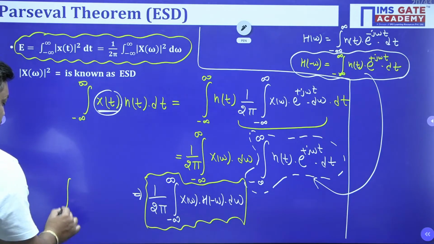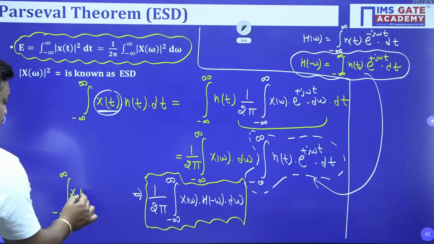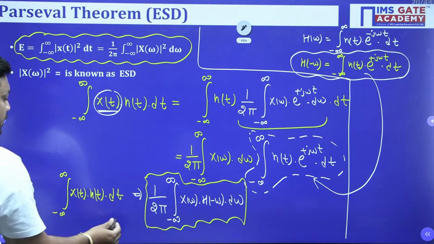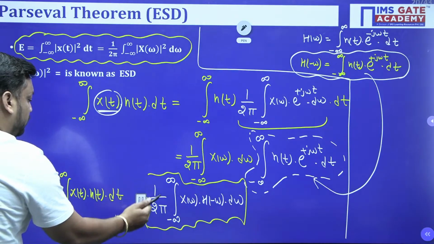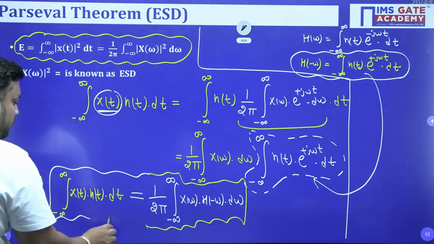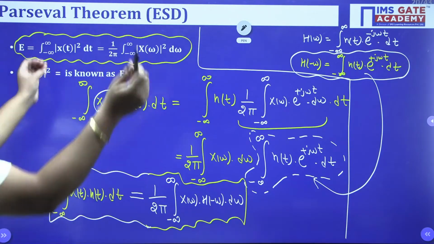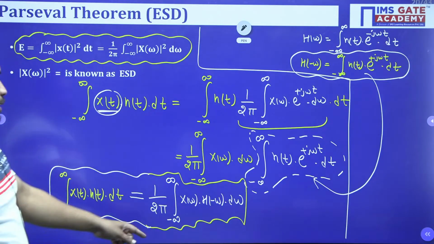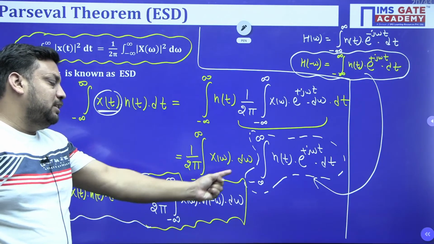You will get the integral from minus infinity to infinity of x(t) h(t) dt equal to 1/2π integral from minus infinity to infinity of X(ω) H(-ω) dω.